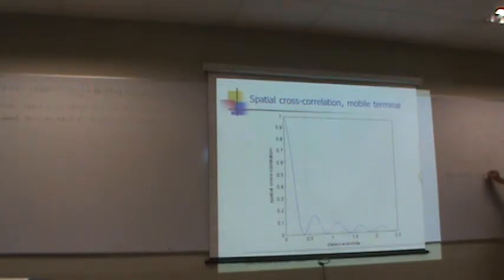So we can say that the distribution of the angles of arrival is much narrower than the distribution at the user. The user is uniformly distributed over 360 degrees.